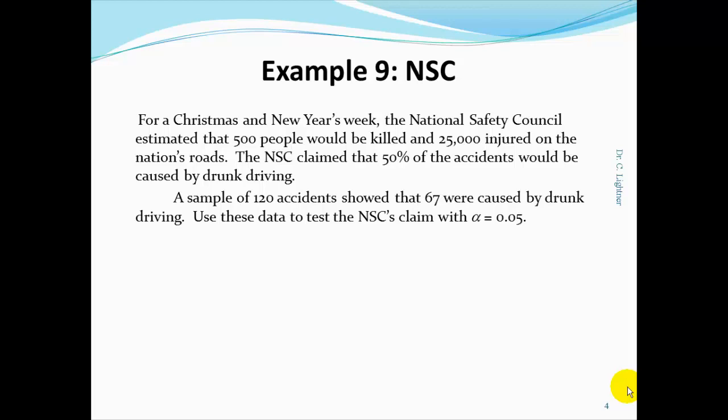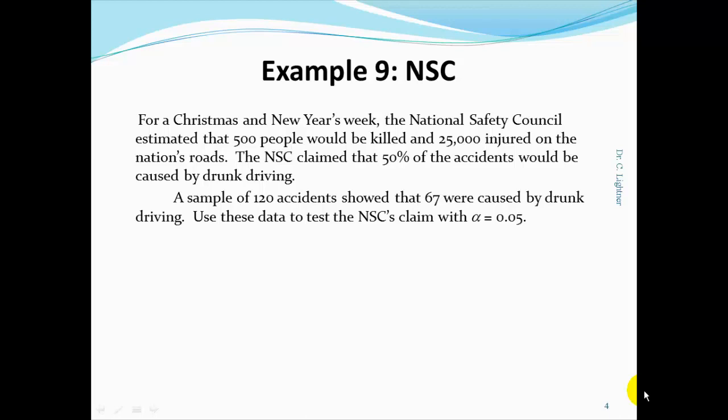The NSC claimed that 50% of the accidents would be caused by drunk driving. A sample of 120 accidents showed that 67 were caused by drunk driving. Use the data to test the NSC's claim with alpha equals 0.05.